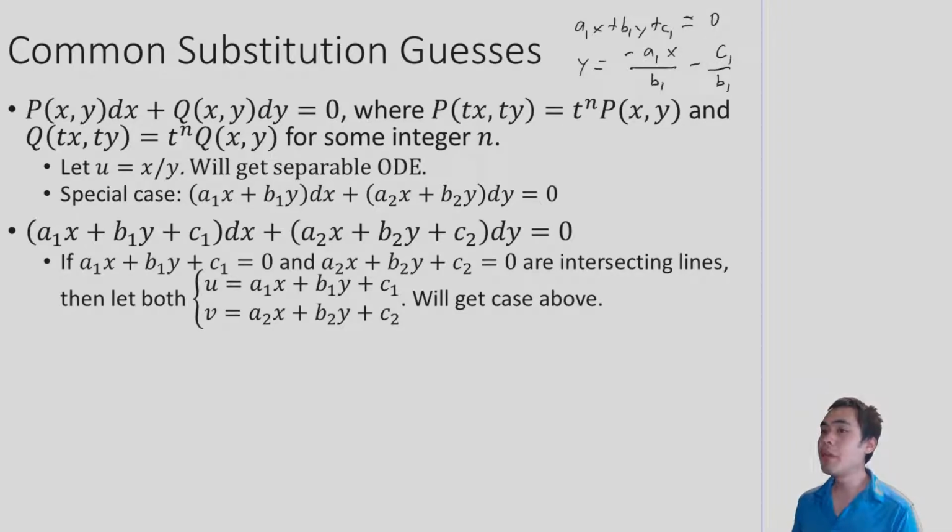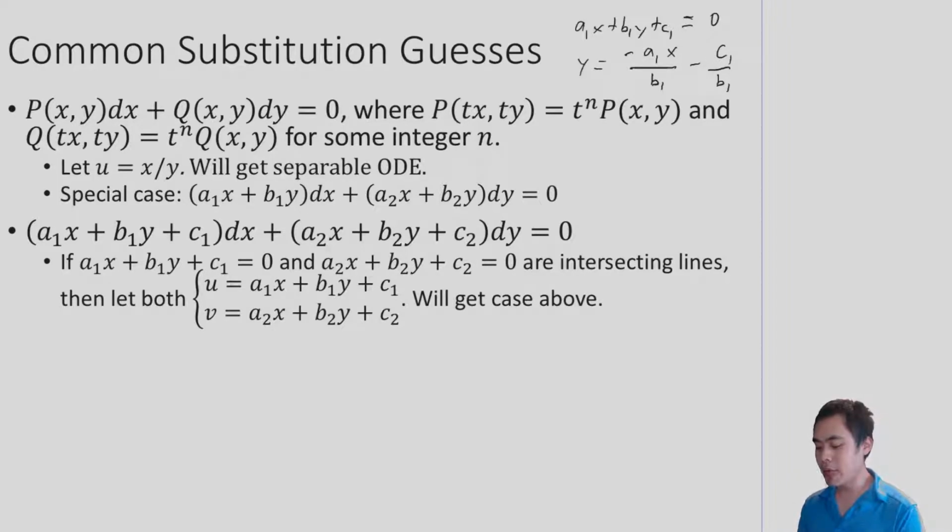And so if the lines defined by the two equations for the two expressions p of x,y and q of x,y are intersecting, then you do the two variable substitution where u is equal to one line and v is equal to the other line, and that'll give you the case above. And then you can use the other substitution, u is equal to xy, after the appropriate renaming of variables.